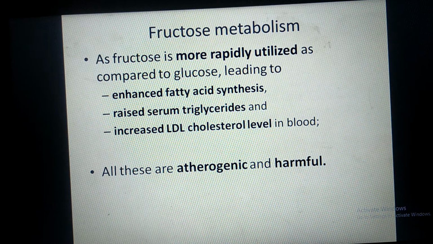Fructose also raises the serum triglyceride level. Fructose increases LDL cholesterol level in the blood. So all these effects of fructose are due to its rapid utilization and they are atherogenic and harmful for an individual.